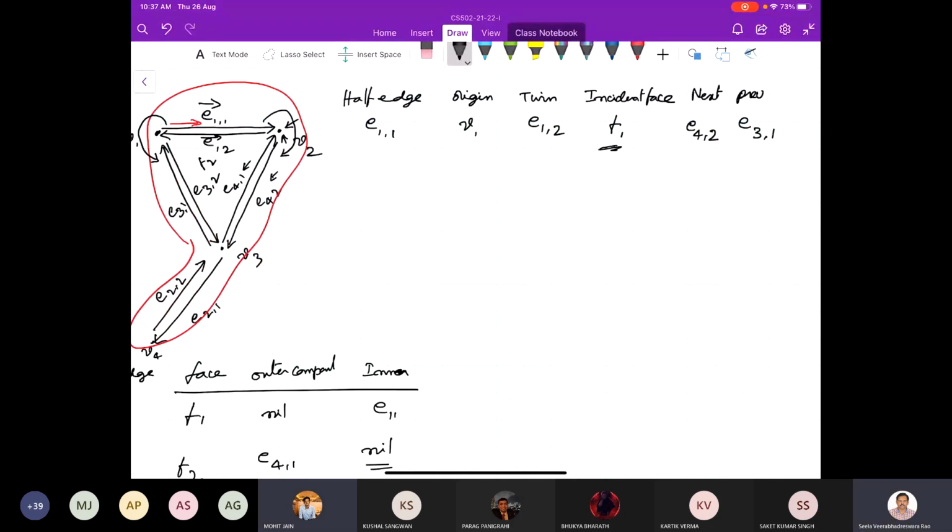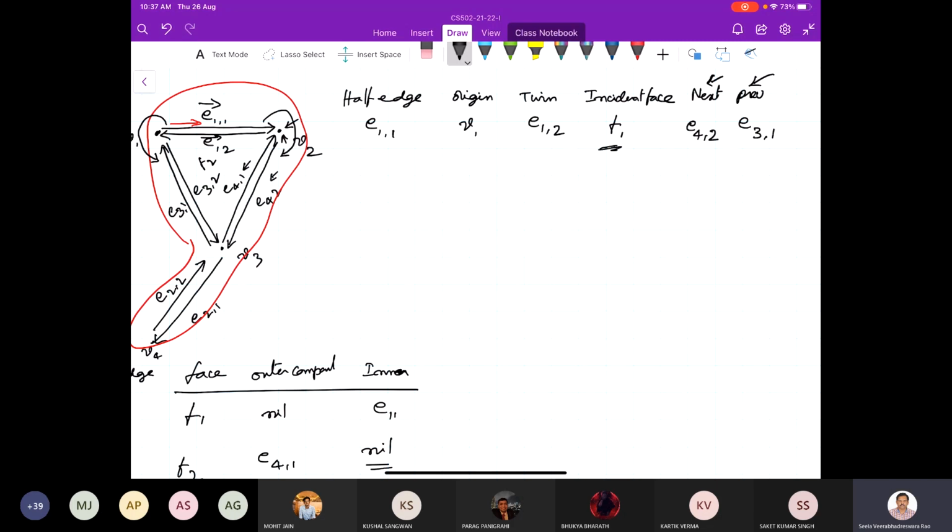Now, after an incident face, there is a next edge and previous edge. These are very crucial information we need to store. This helps in many cases. What is the next edge of E11?